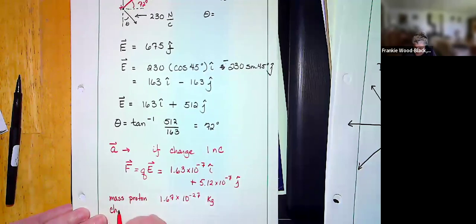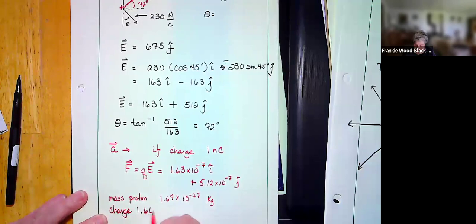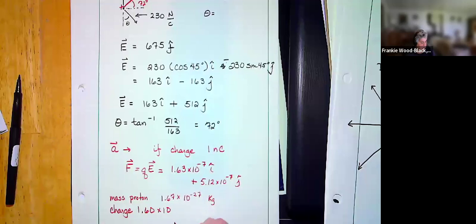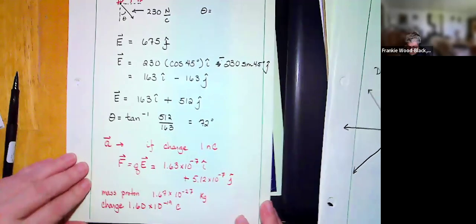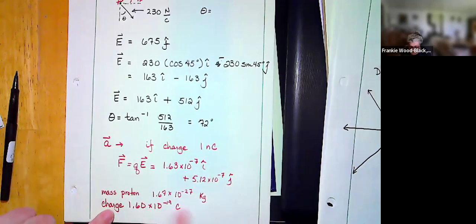My charge on a proton is 1.60 times 10 to the minus 19 coulombs. So that's my charge.